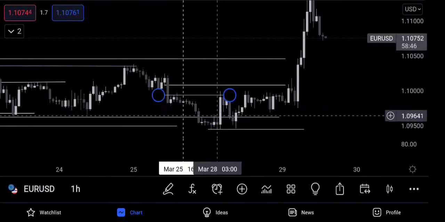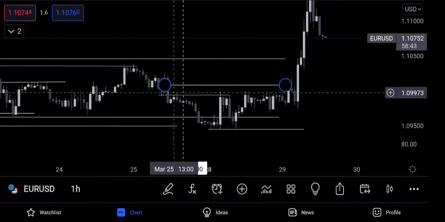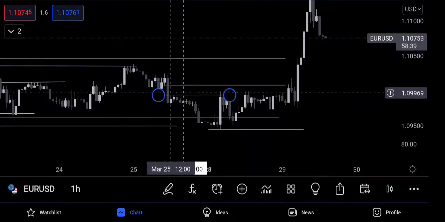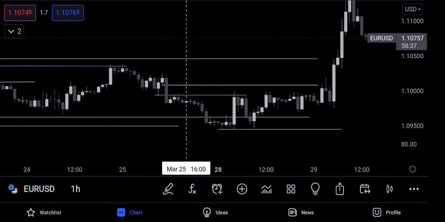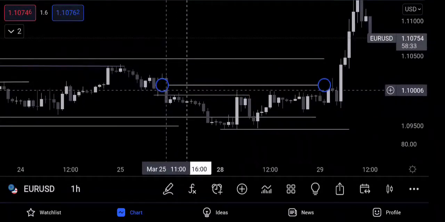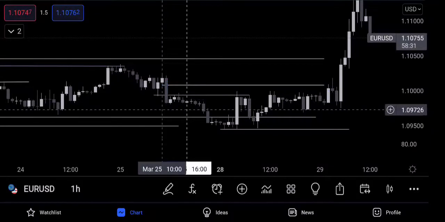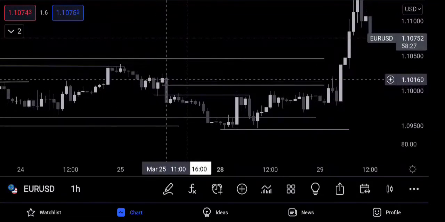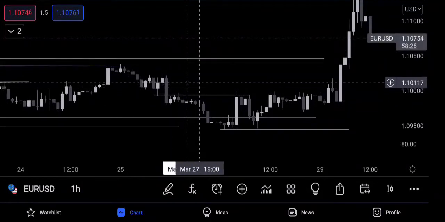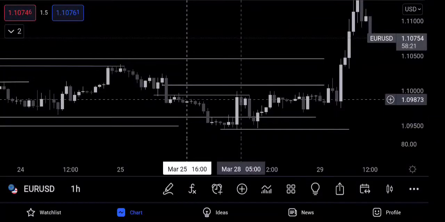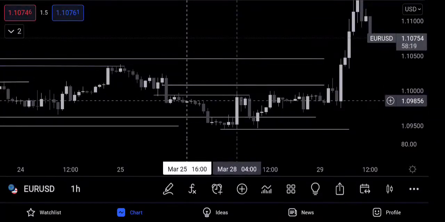Price spiked up to tap into this void because right below here, we had the same setup, which was another void, where price was in a range right here. This down candle where price came down was in this range, and then shot down. So as you see, I had this box right here for price to tap into it. As you see, this up candle tapped into this and then closed within this, right?